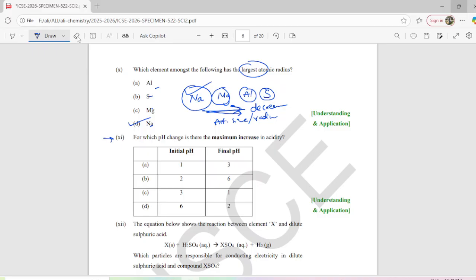Now MCQ 11. For which pH change is there the maximum increase in acidity? So he is talking about increase in the acidity.